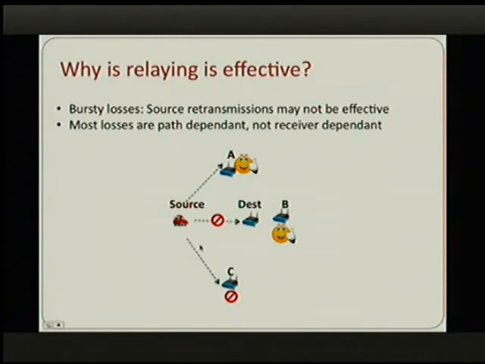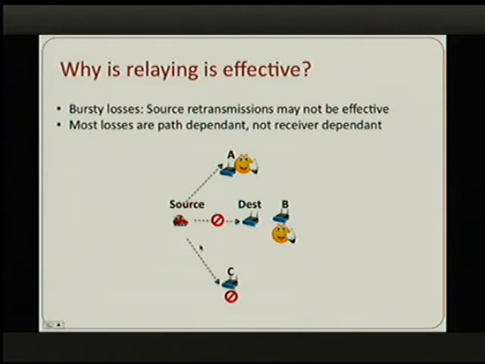So basically what I'm saying is that the source sends some data, the destination doesn't hear it. Now instead of the source retransmitting, I'm going to let A or B send this data to the destination. This is effective, based on some measurement study we did, and it's also been corroborated by others, because losses are bursty in this environment. Which means that the source sends some data and then it retransmits again.